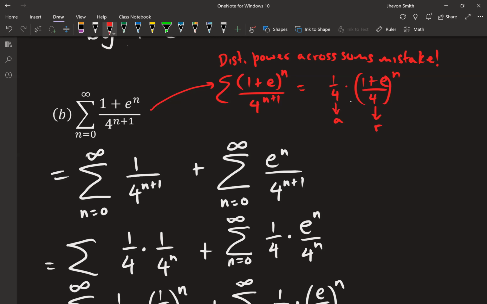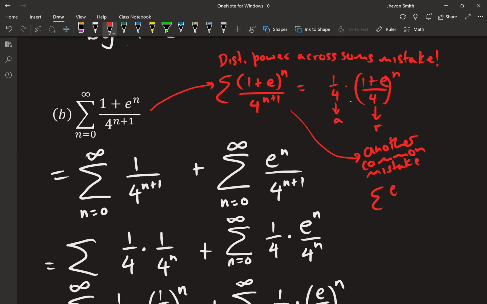Some people might merge this in their head, the plus sign, and they just think of that as E over that. Another common mistake: some students might merge this in their head.